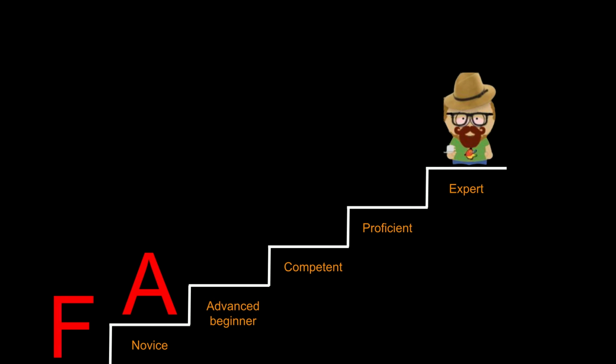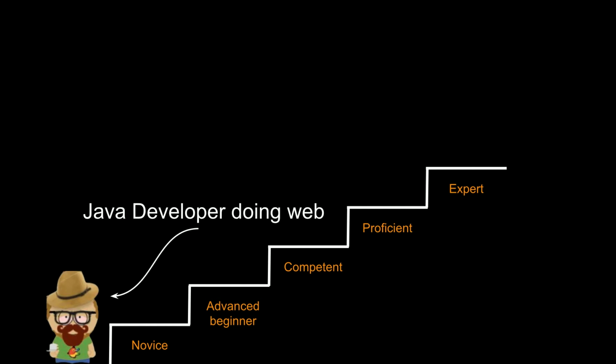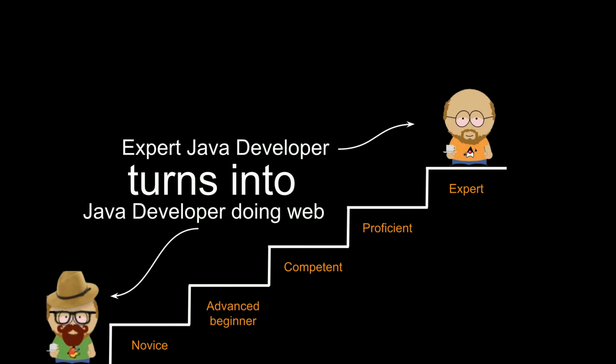Or are we? We argue that actually just adding the web kit doesn't make you an expert web developer, just an expert Java developer doing web. So it's more likely that you're down here because it's a total different set of skills compared to the expert Java developer that you are used to being.